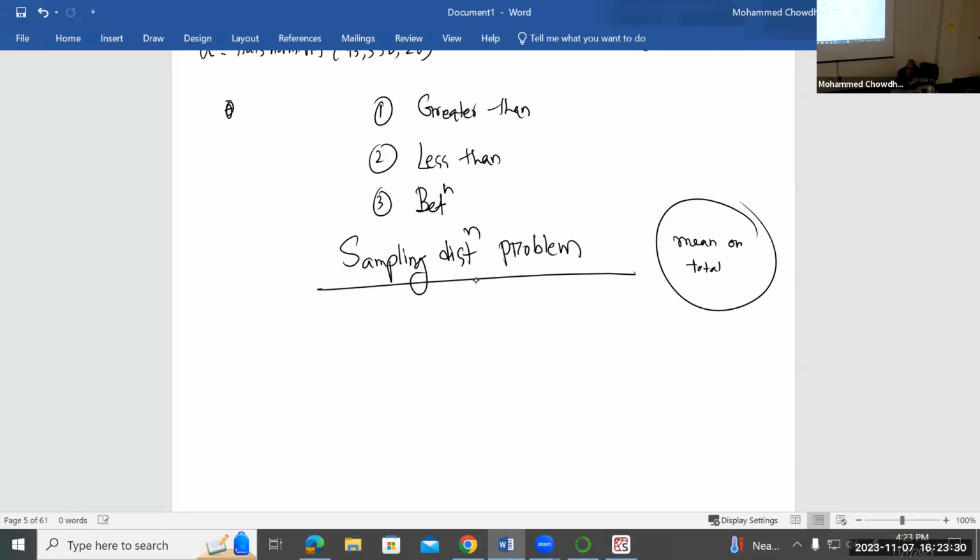Let me give you an example. In the previous problem, we have mean equal to 550 and standard deviation equal to 20.